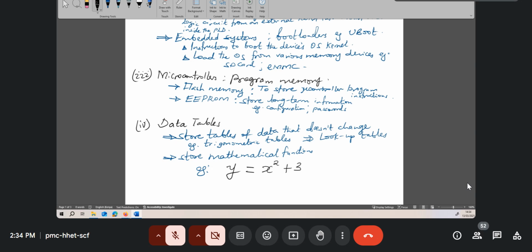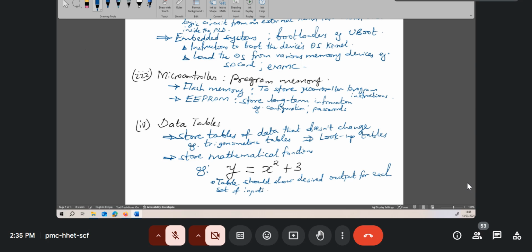So we will store this in a table, and the table should show the desired output for each set of inputs.